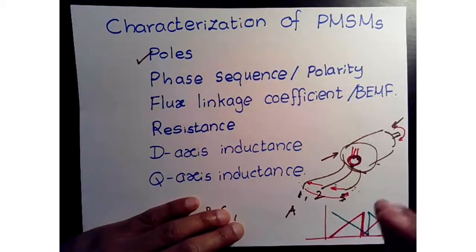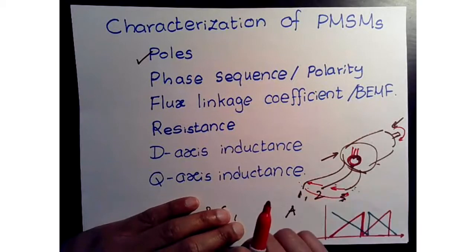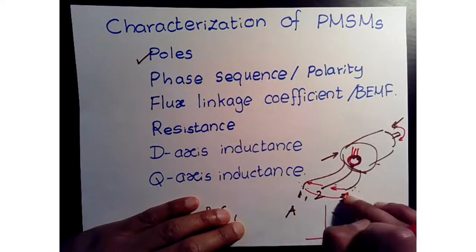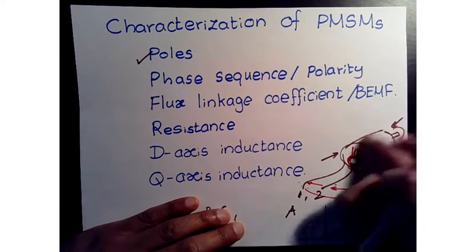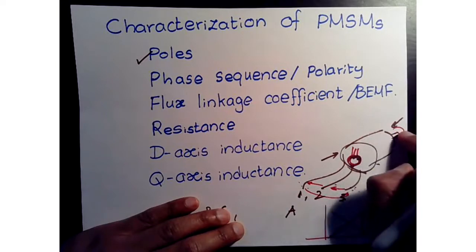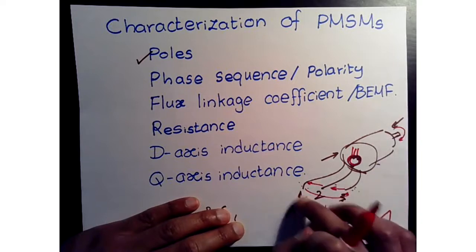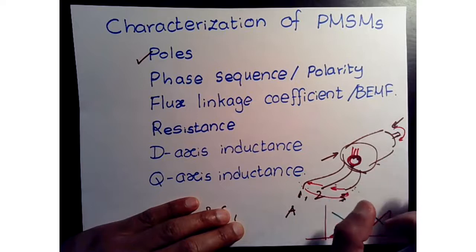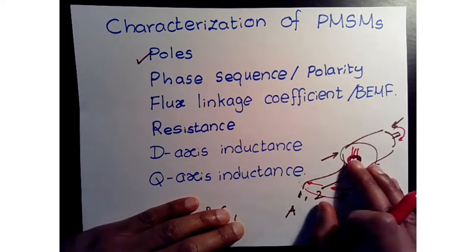Since this is a permanent magnet motor, when you rotate the shaft with another machine, some kind of mechanical means, you will see voltage build up because of the permanent magnet. This is your back EMF.